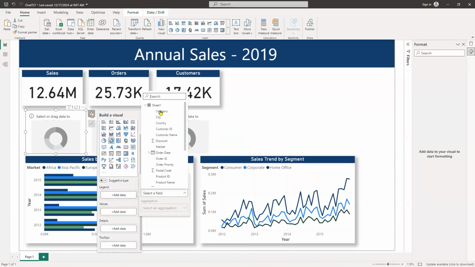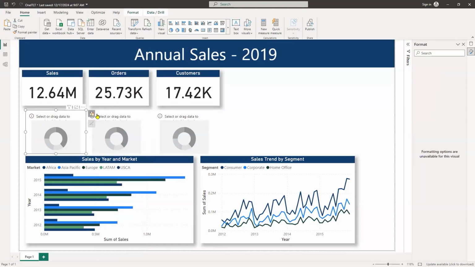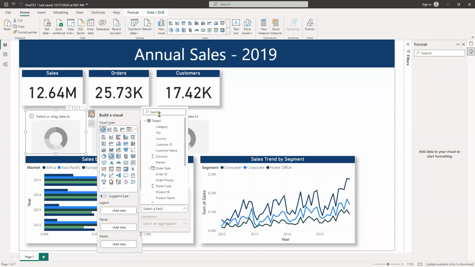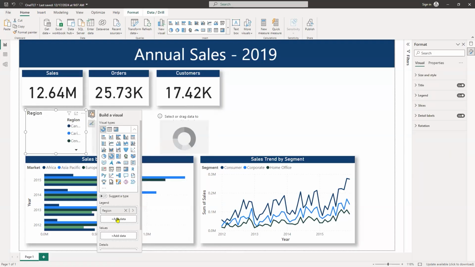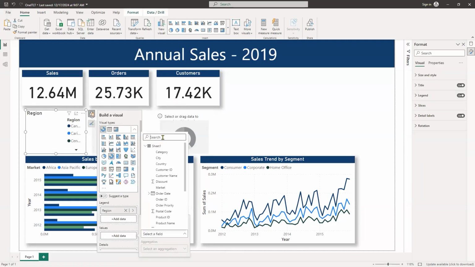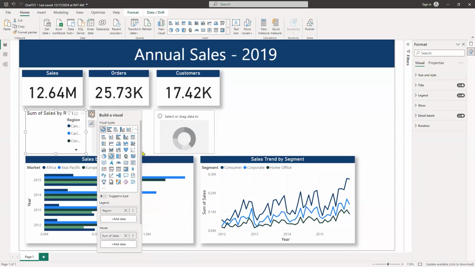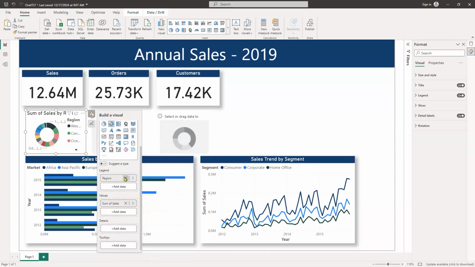So what we will do? Sales by market, right? So regional sales, we can do region, and for values we can add sales again. Oh, so much.